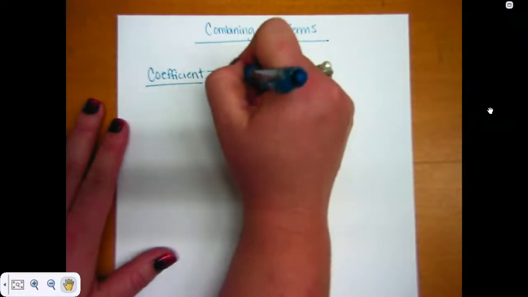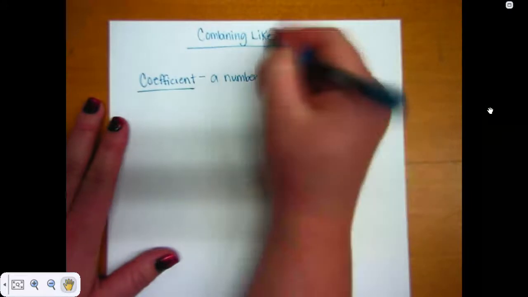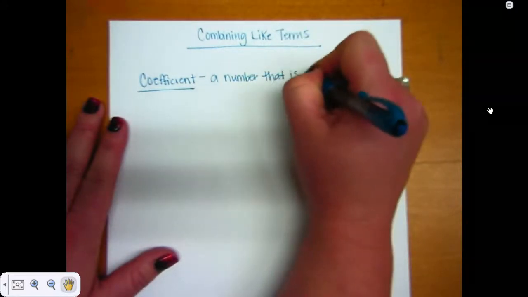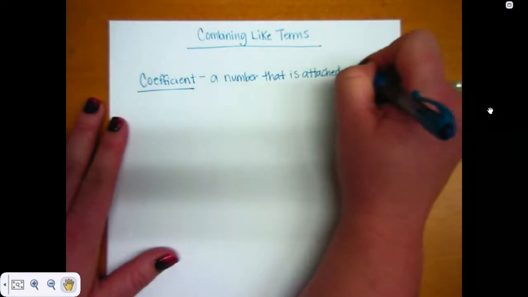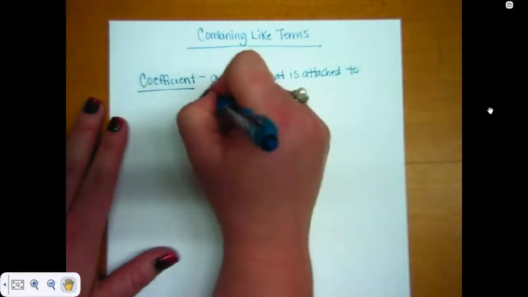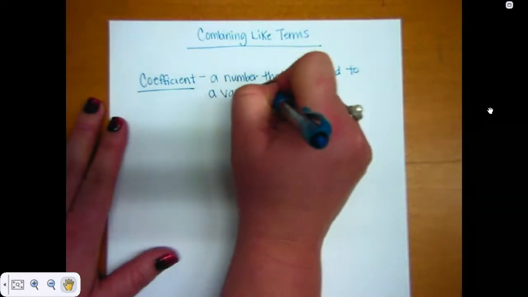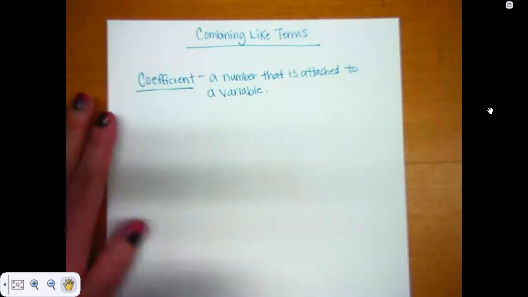And a coefficient is a number that is attached to a variable. And you may say, well, what is a variable?